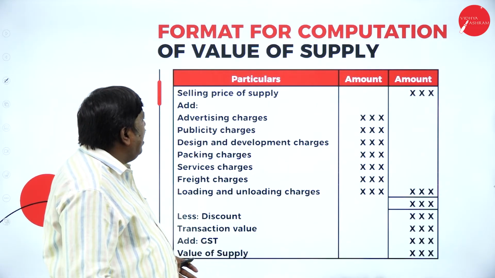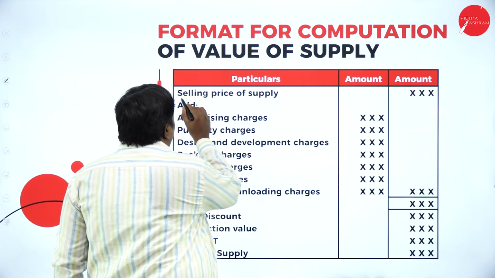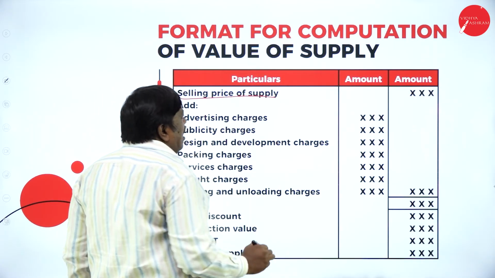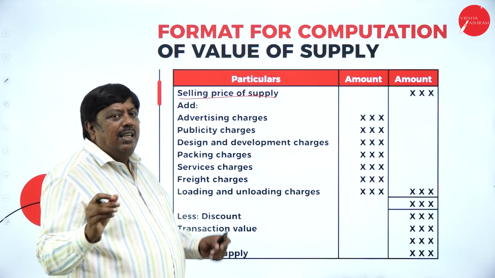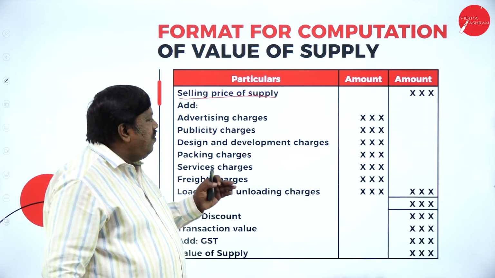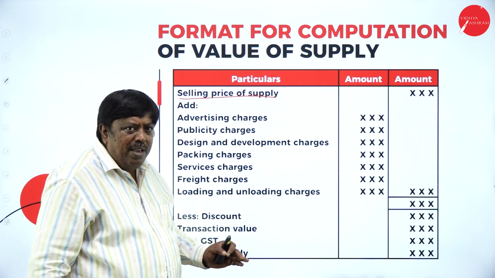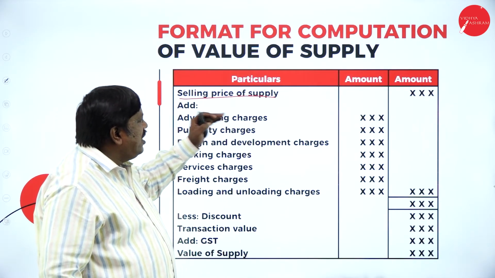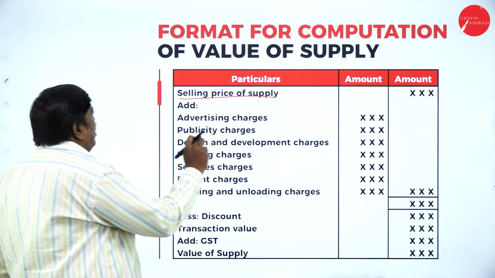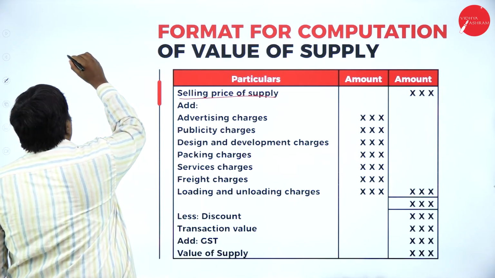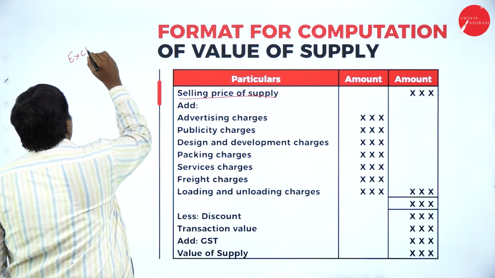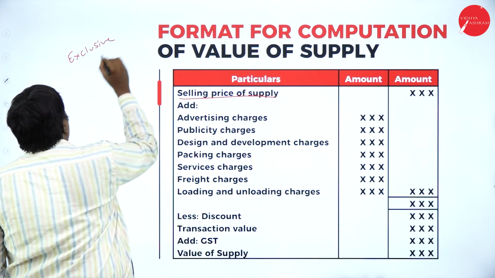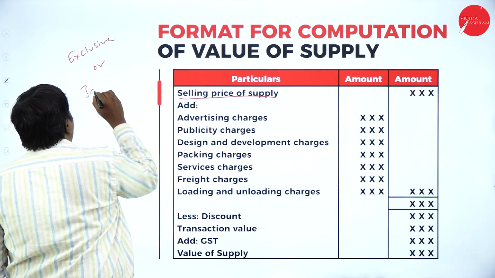For value of supply, the first concept is the selling price of supply. Understand, my children, it is a 15 marks compulsory question for you in the examination. First we have to write the selling price of supply. While writing it, see whether the word is exclusive or inclusive.